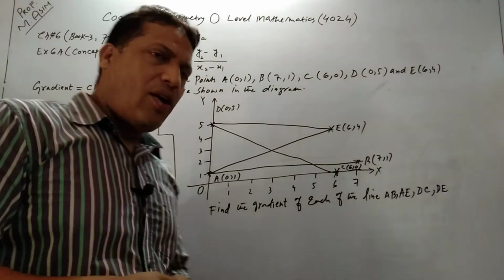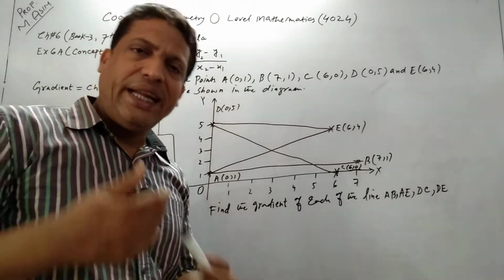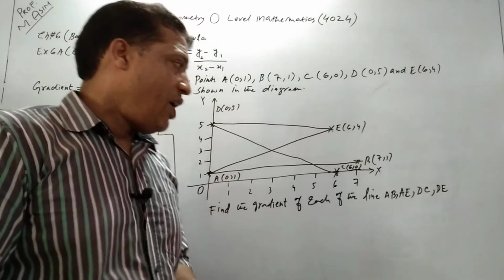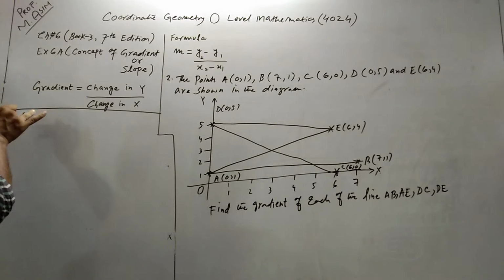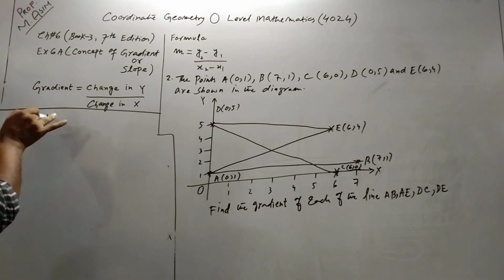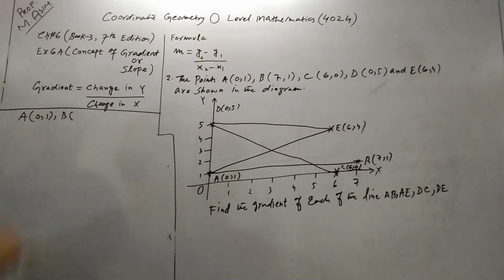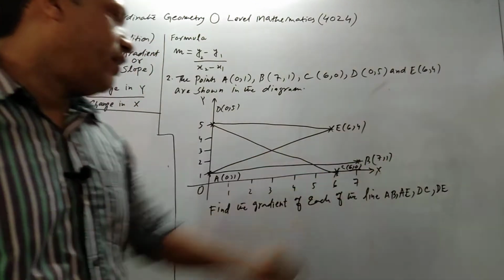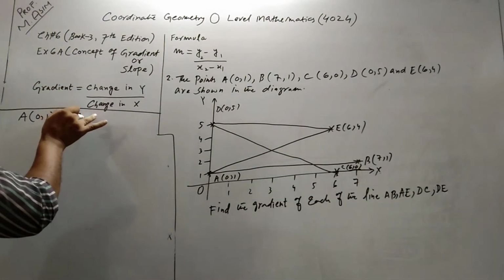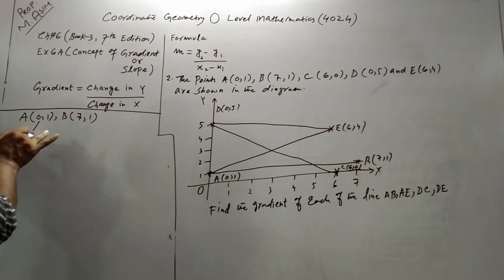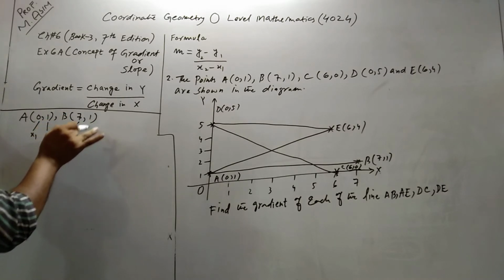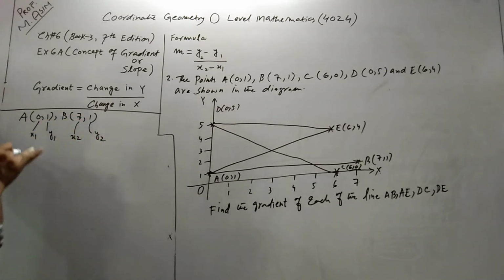For finding the gradient of 2 points, you need the coordinates of both the points. What are the coordinates of A? (0, 1). What are the coordinates of B? (7, 1). How to find the gradient? It's very easy. Assign the names. This one is x1, this one is y1, x2 and y2.